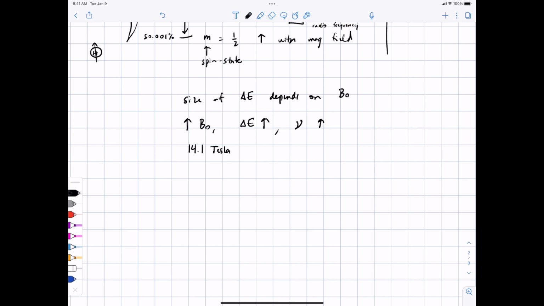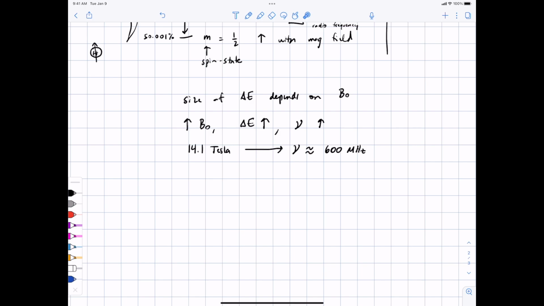That's not vehicles, but a magnetic unit that was defined long before Mr. Musk started his company. 14.1 Tesla leads to an energy difference that is consistent with a frequency in the range of 600 megahertz for your average proton. By tradition, NMR instruments are described not by their field strength, but by the average frequency that your average proton would absorb at given that field strength.